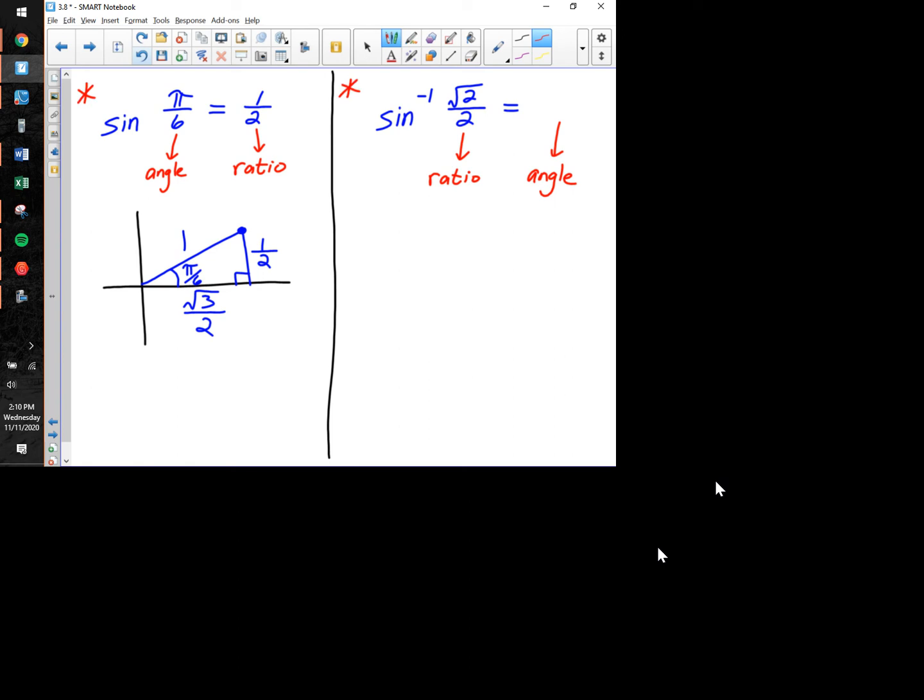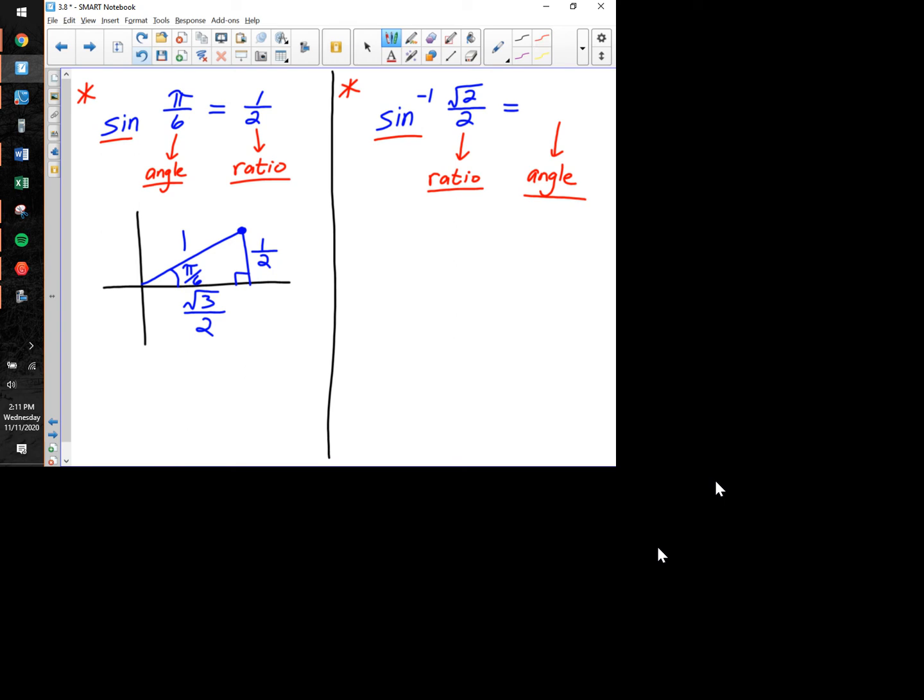With basic trig, they give you the angle, and you've got to figure out what the numerical ratio of opposite leg to hypotenuse is. But with inverse trig, they give you the inverse sine and the ratio, and you're now trying to come up with what angle on the unit circle has a sine value of √2/2.